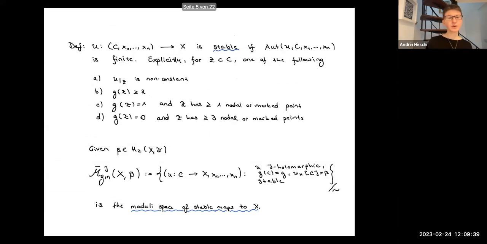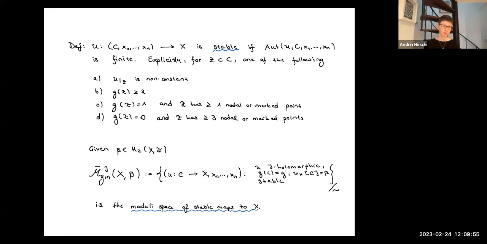Let me say this in different words. So we say a map is stable if its automorphism group is finite. And here by automorphisms I mean just complex automorphisms of C which preserve the marked points and which also preserve u.